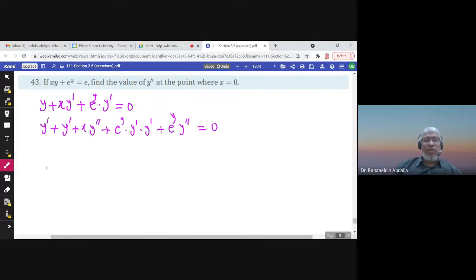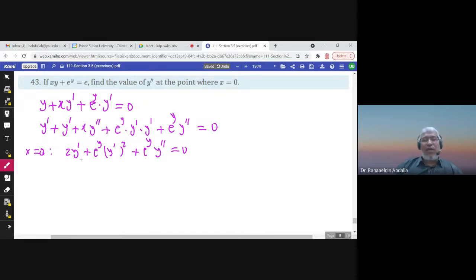So now put x equals 0. He says where x is 0. I will have 2y prime, okay, this is 0, cancels, plus e to the y times y prime squared, plus e to the y times y double prime equals 0.